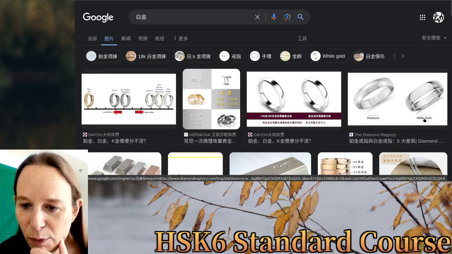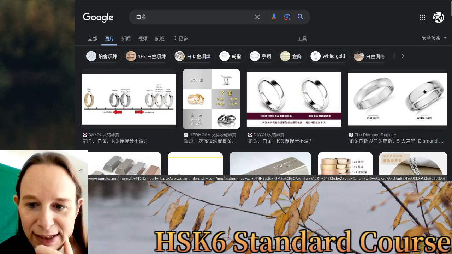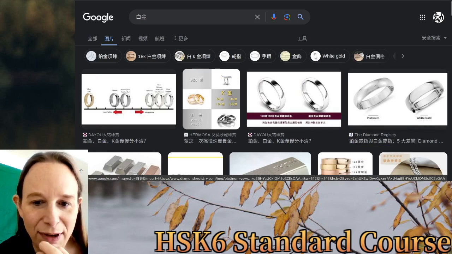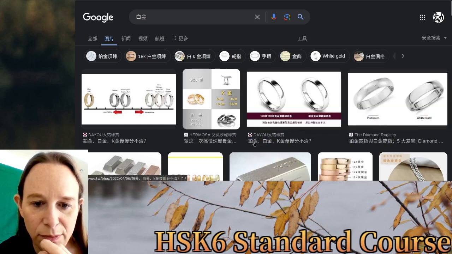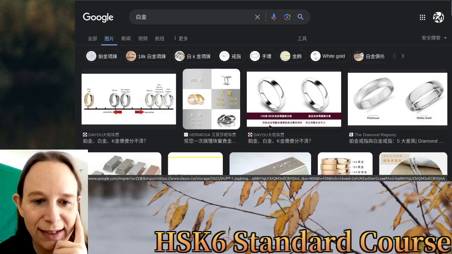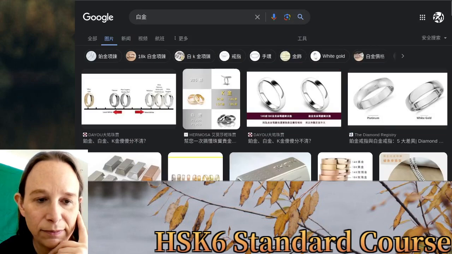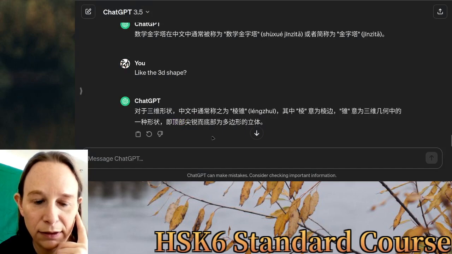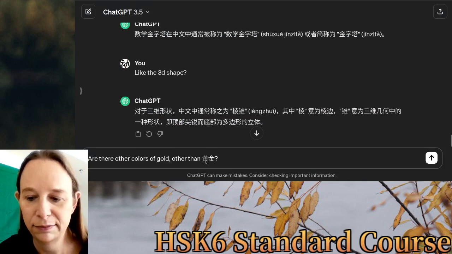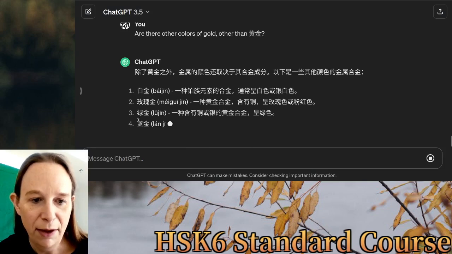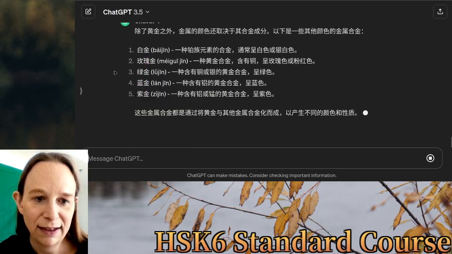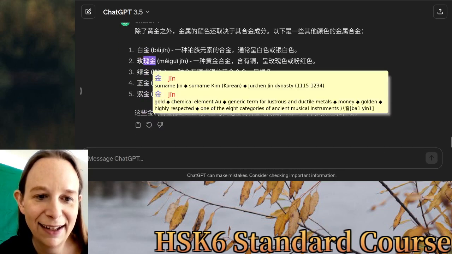What is white gold? They look very similar. That one's more shiny, white gold. 铂金 would be platinum gold.